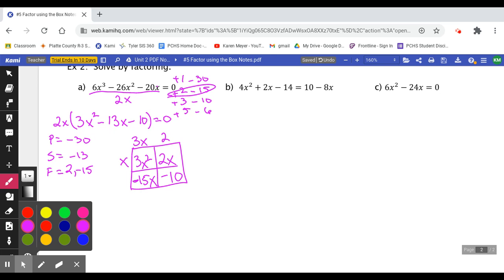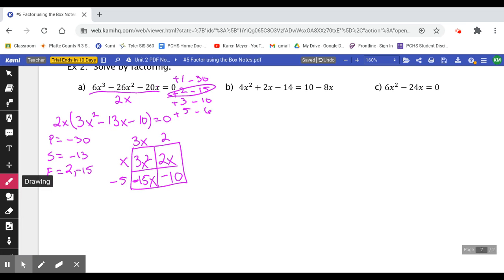Oh, can't start with the negative, so pull a negative out. And then 15 and 10 are both divisible by 5. So we're looking at 3x plus 2, x minus 5. Don't forget that 2x from the very beginning. Make sure you bring that down here.